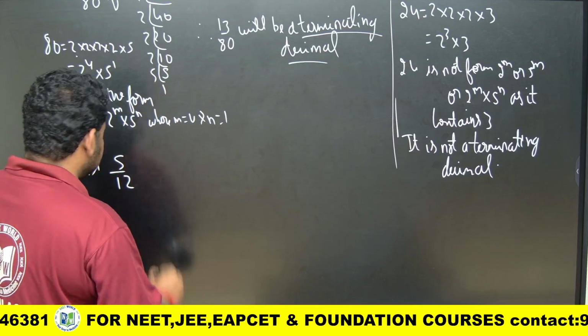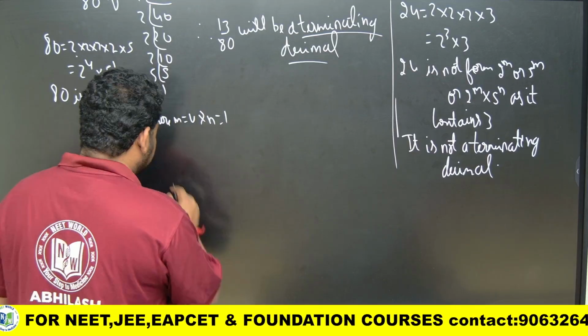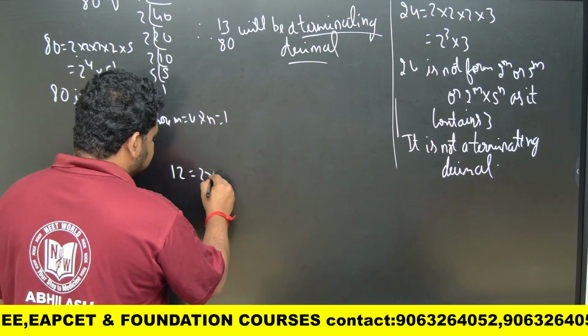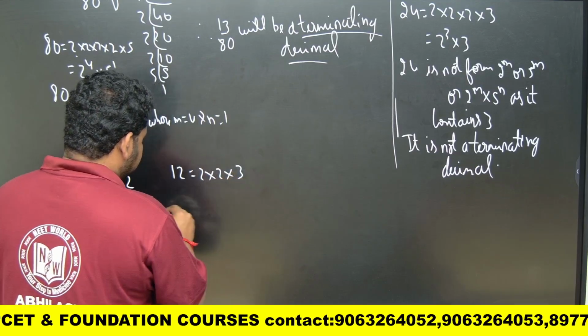So how to solve this? I have to use the denominator. So factors of the denominator: 12 can be written as 4 into 3. 4 can be written as 2 into 2, into 3. So definitely 3 is there.